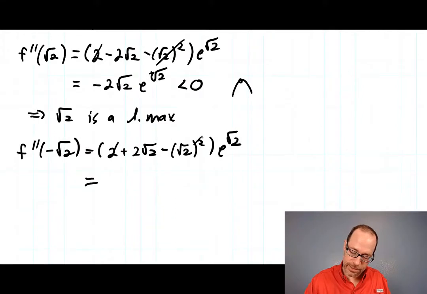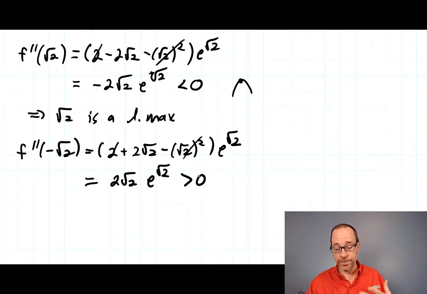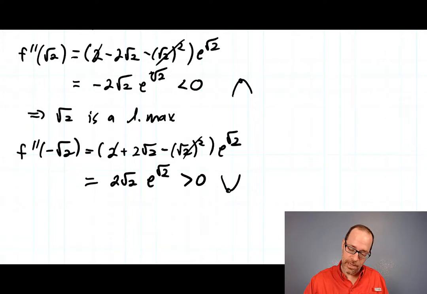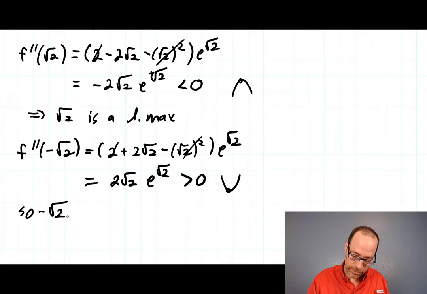Again, we get canceling there, so we end up with just 2 square root of 2 e to the negative square root of 2. This is bigger than 0. Bigger than 0 for the second derivative means it's concave up, and it means that point actually has to be the local minimum. So negative square root of 2 is a local minimum.